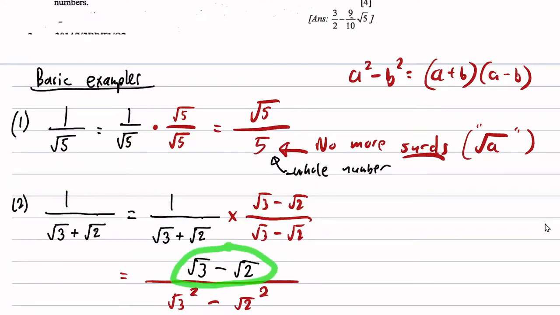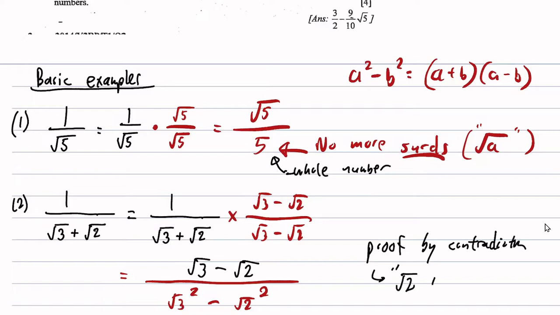So the numerator is irrational. It can be proven that an irrational number minus an irrational number is still irrational. I will not bother proving it here. It's something called a proof by contradiction. You can go look it up yourself. Maybe you should look up that square root 2 is irrational.